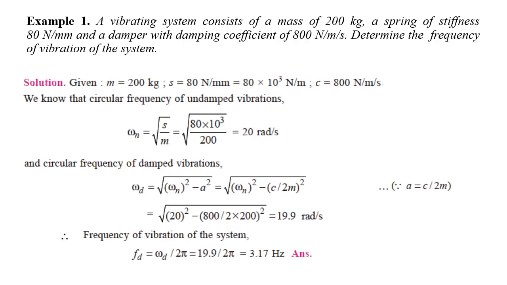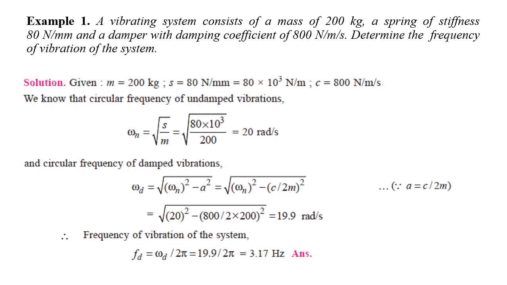We have seen what is logarithmic decrement. Delta is equal to natural log of xn upon xn plus 1, or delta is equal to twice pi c upon square root cc square minus c square. We'll solve problems based on these. These problems are very much important for the GATE also, or some competitive exams as well.